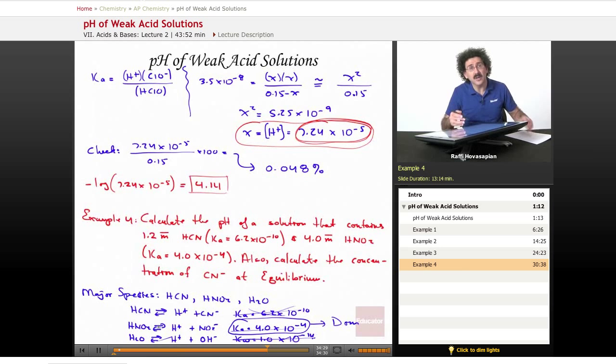And again, we're doing this because there are 3 sources of hydrogen ion. Some can come from HCN, some can come from HNO2, some can come from H2O. But the Ka of the HCN and the H2O are so tiny that they're negligible. So this is what controls the chemistry of the solution. That's the chemistry we concentrate on.